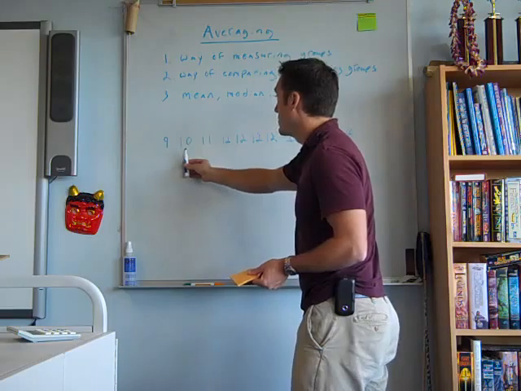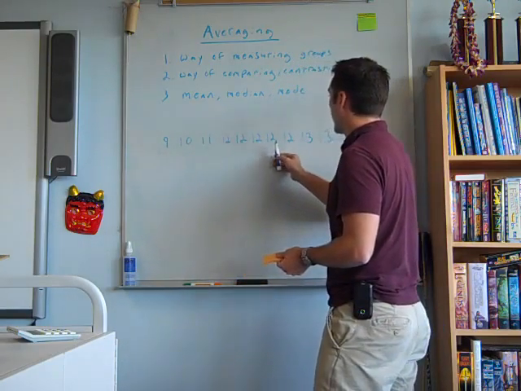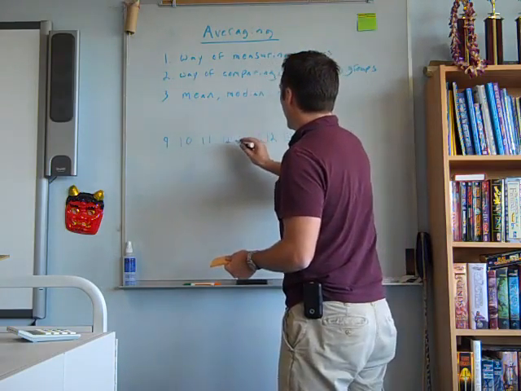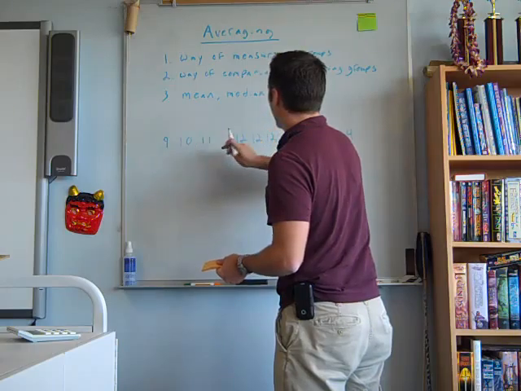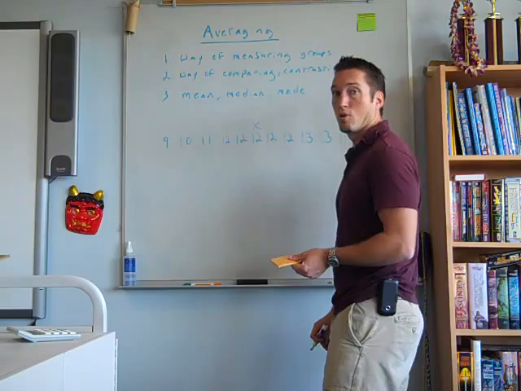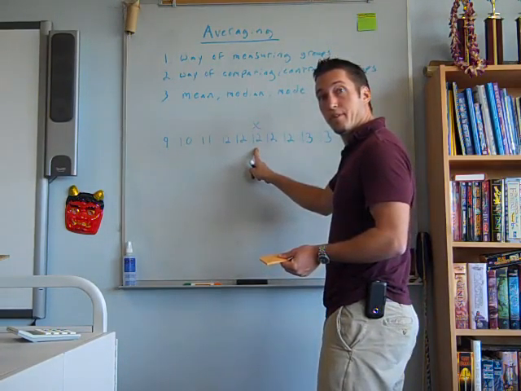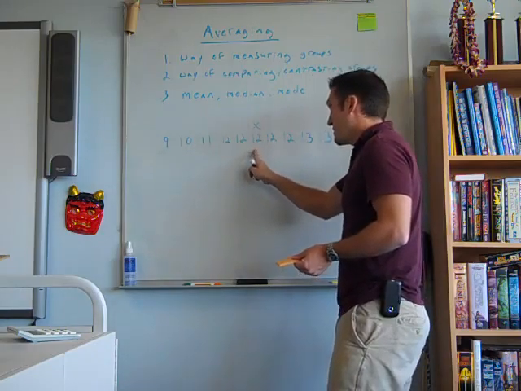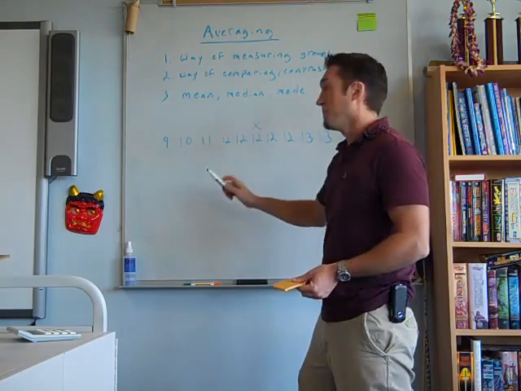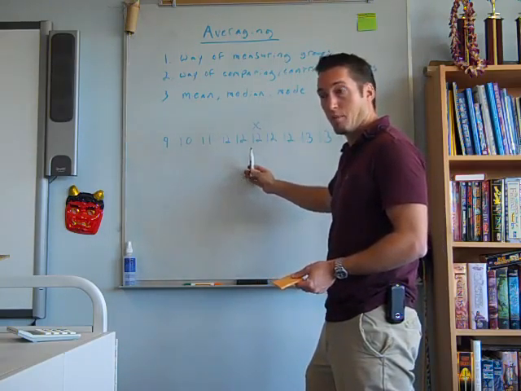Okay, so if we have 1, 2, 3, 4, 5, 1, 2, 3, 4, 5, the one in the middle is this one. Okay, so our median is 12. And what this is telling us is that in the very middle of our whole group, 12 is the median.